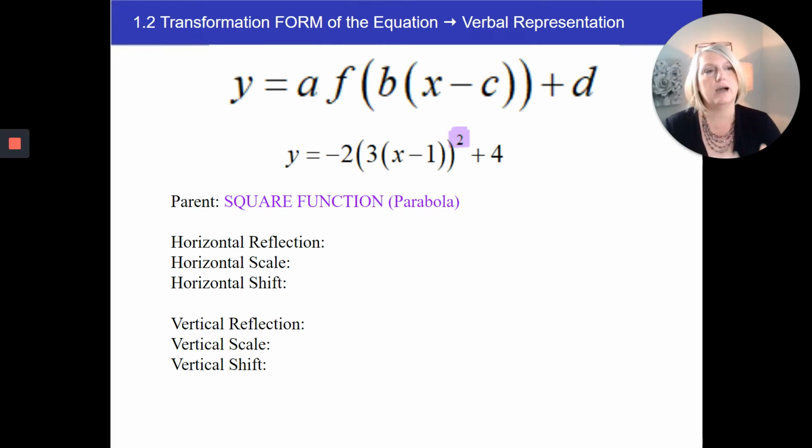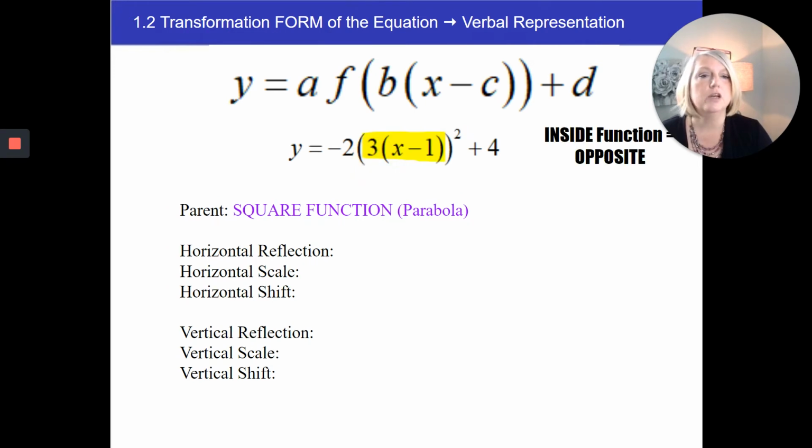From that point, I always do the horizontal stuff first. I initially look at this coefficient, the scalar, and I ask myself, is that negative? The answer is no, it's positive. So immediately I know that there's going to be no flip. Also remember that the inside function is opposite when you're doing horizontal transformations.